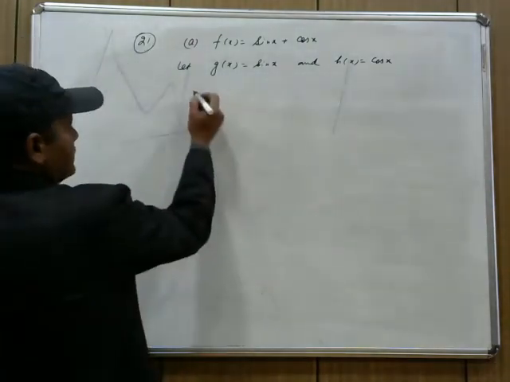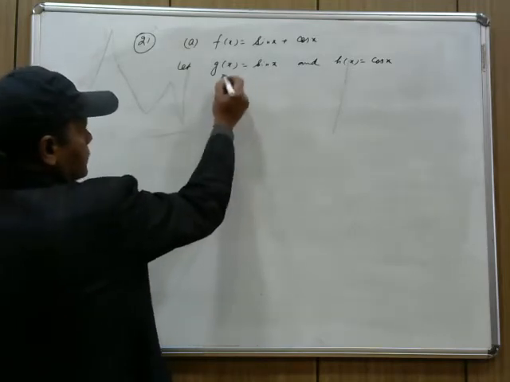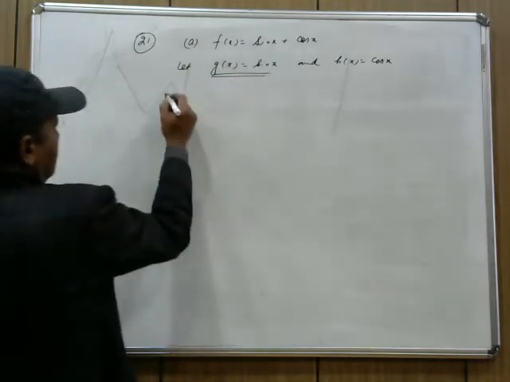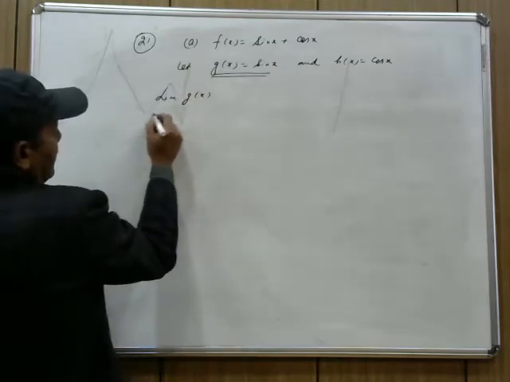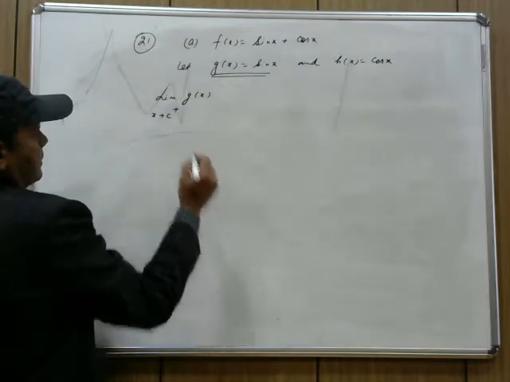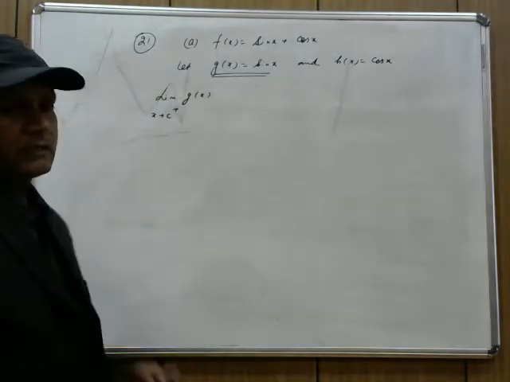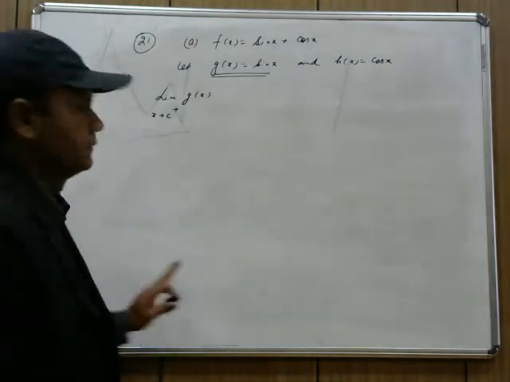Now first of all I will check it for g(x) is equal to sin x. So now the limit of g(x) as x tends to c plus. There is no given value, that's why I will go for any particular value, and that is c.